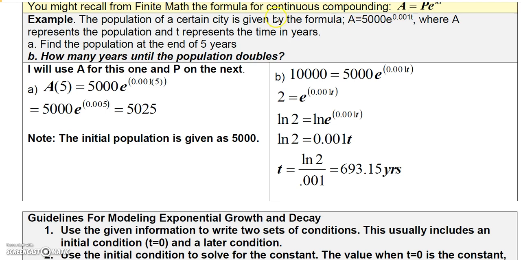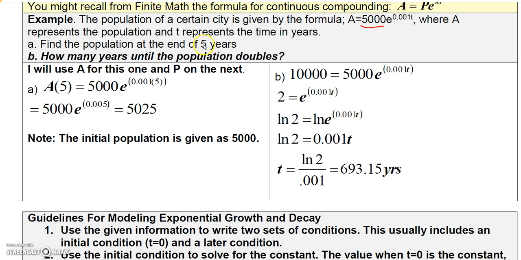So the initial population is given to be 5,000, and the growth constant here is 0.001, and since it's positive, we have growth. Now a represents the population at time t, and t represents the time in years. So it says find the population at the end of 5 years.